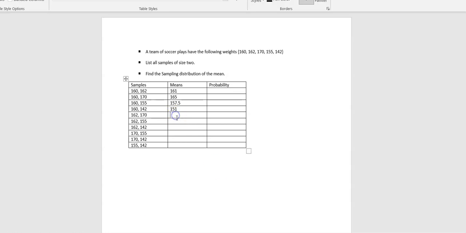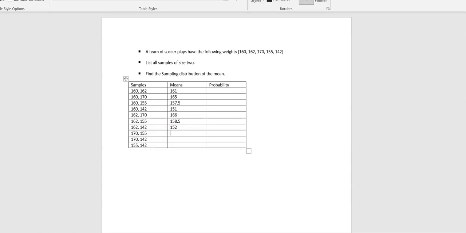That gives us 166. 162 and 155, and divided by 2, we get 158.5. 162 and 142, and then divide by 2, we get 152.